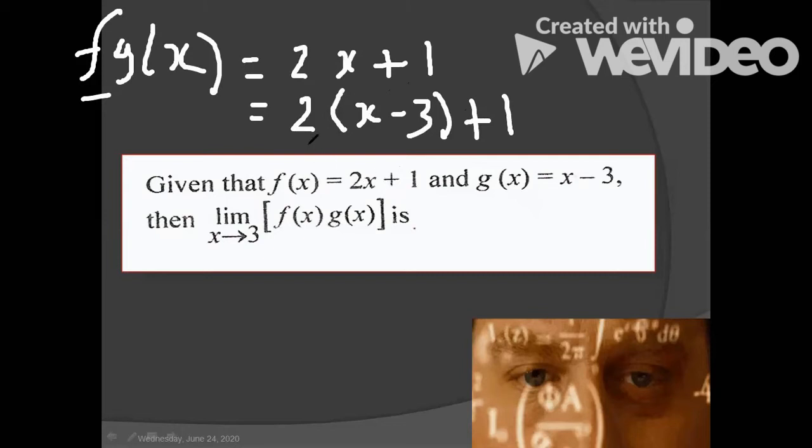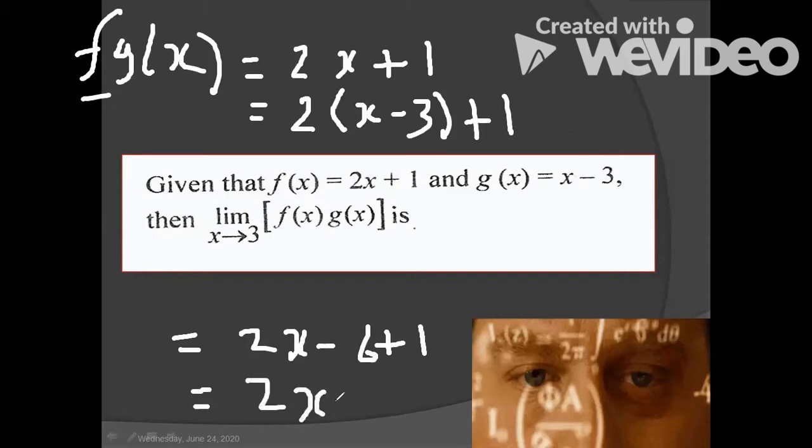Alright, and we're going to use the distributive law here with that bracket. So 2 times x is 2x. 2 times negative 3 is negative 6. And that's plus 1. Notice I didn't multiply 2 times this one here. Be very careful.